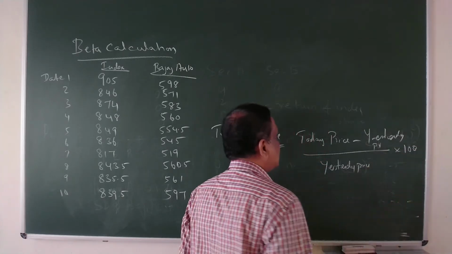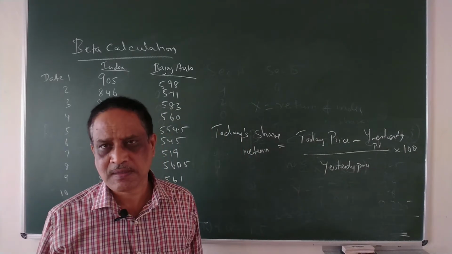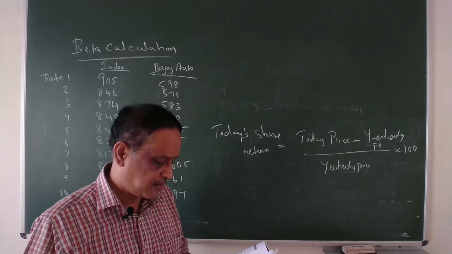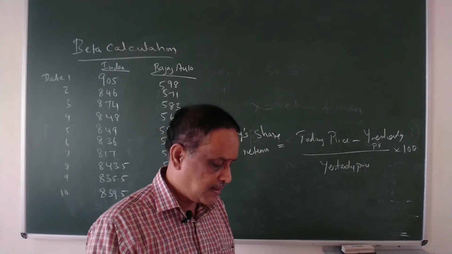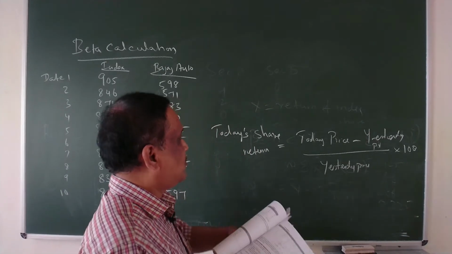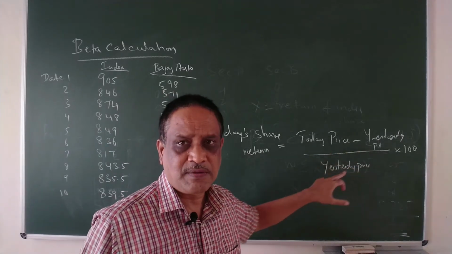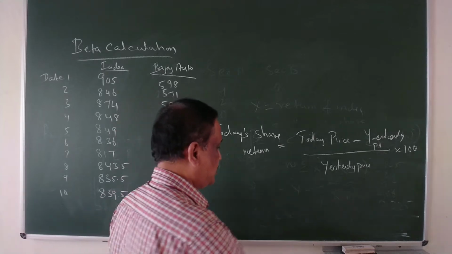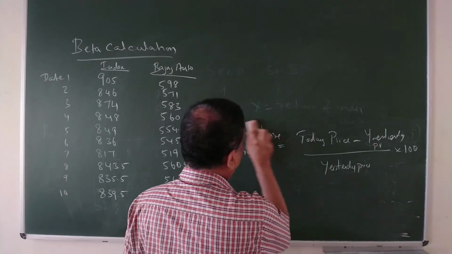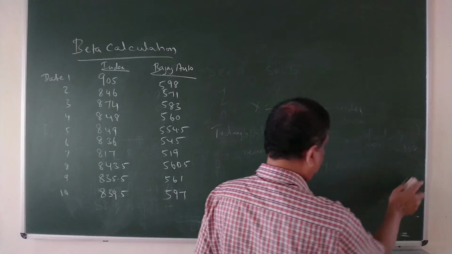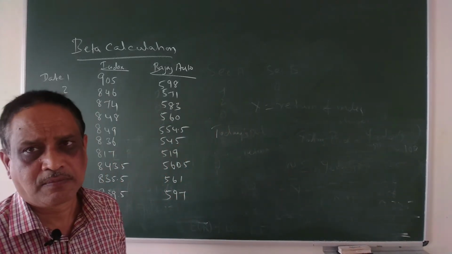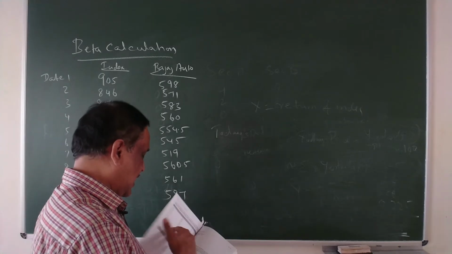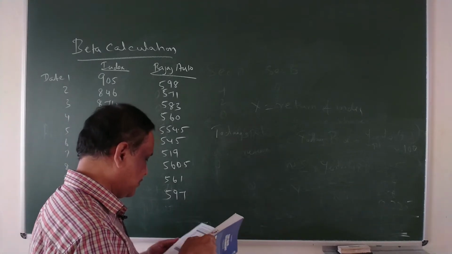So today's price minus yesterday's price divided by yesterday's price multiplied by 100 will give you one day's return. For the index the same thing. So x is the index return, y is the share price return. You can have a table like this.